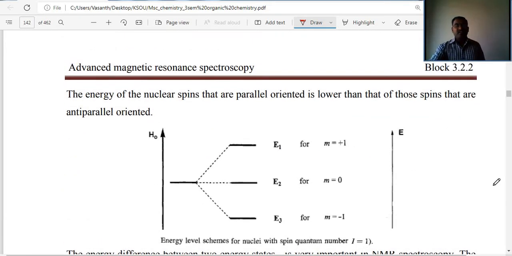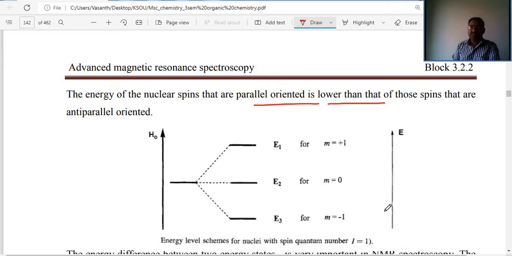The energy of the nuclear spins that are parallel oriented is lower than that of those spins that are anti-parallel oriented. Here we see energy level schemes for nuclei with spin I equal to 1: m is equal to minus 1, m is equal to 0, m is equal to plus 1.